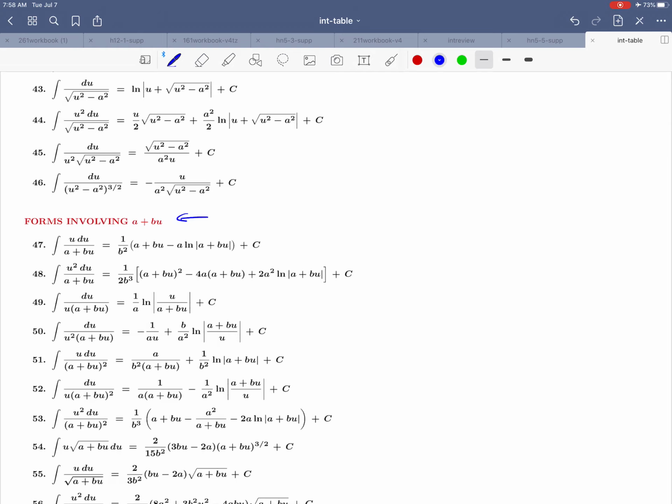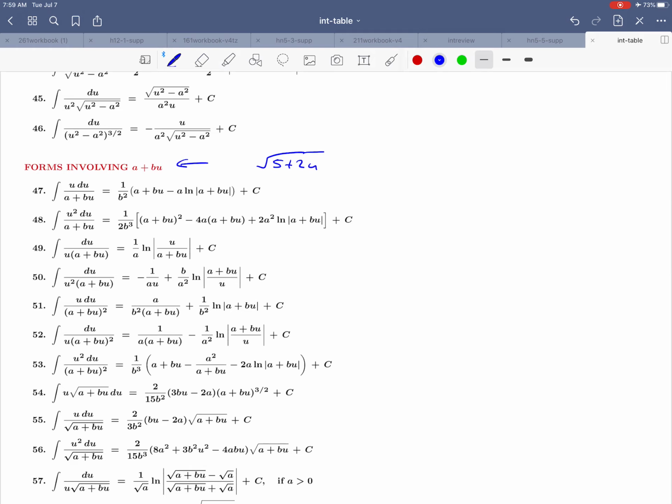In the bottom of our formula, we had the square root of 5 plus 2u. I'm going to write the whole thing, with a u over that. Do you see any formula that looks promising? If you look down the table a little bit, formula 55 looks like the best match here.